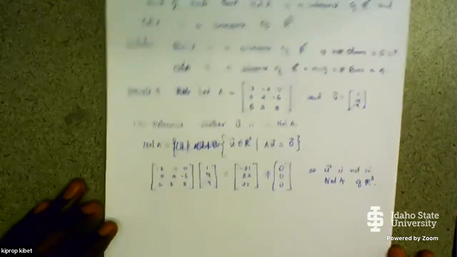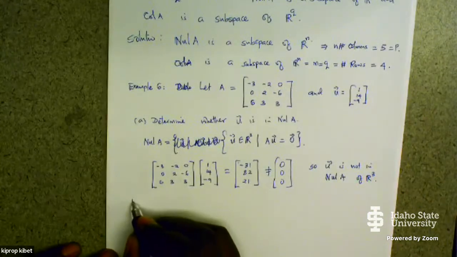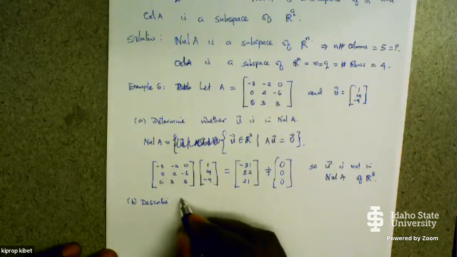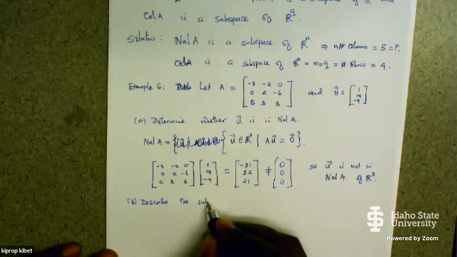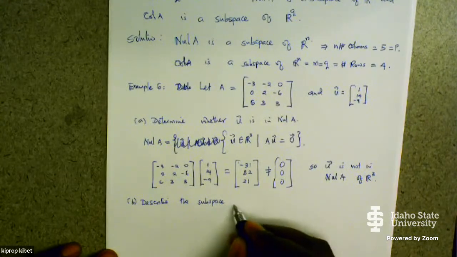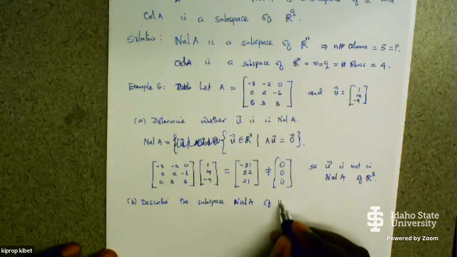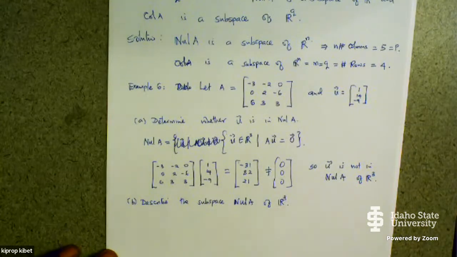Number B. Describe the subspace null space of A in R3. So what do we need to do here?